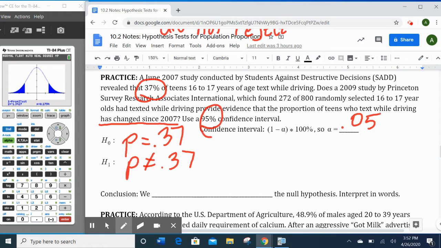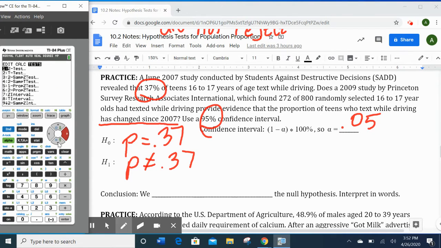So when I run my numbers, stat, tests, one proportion, I've got P sub 0 is 0.37. I've got X is 272. I've got N is 800. I've got does not equal, and again, you can hit calculate or draw.